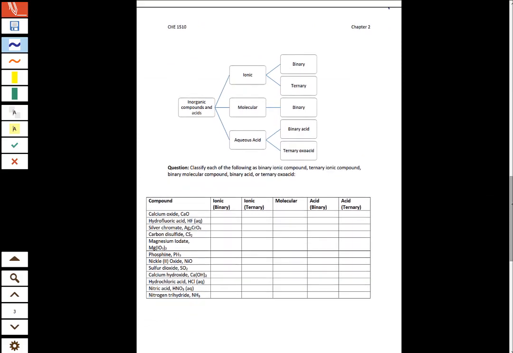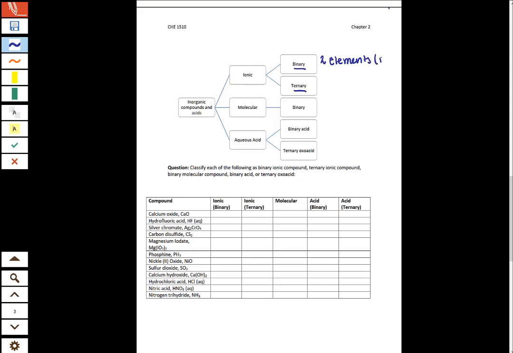So in addition to classifying just with ionic and molecular, we're going to continue to further classify. We're going to take your ionic compounds and we're going to further classify them from ionic to binary ionic and ternary ionic. So with our binary ionic compounds, bi means 2, and so this is going to have 2 elements in it.